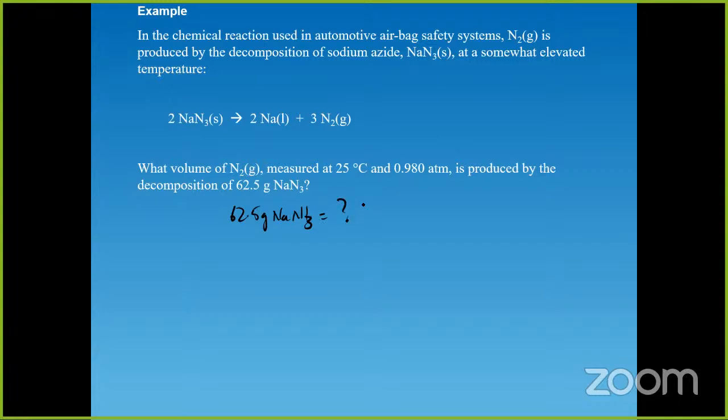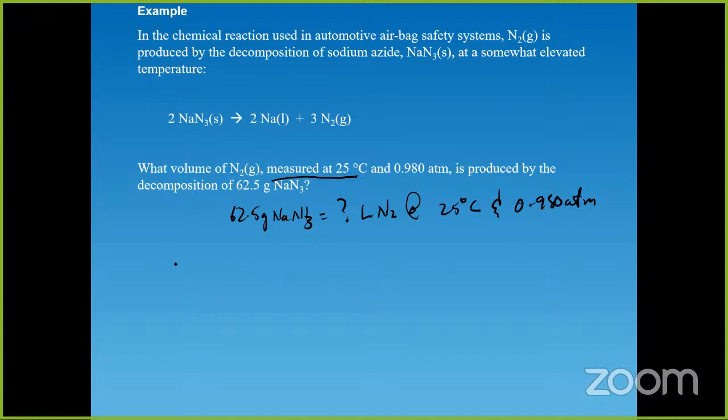I'm going to presume that the volume is expressed in liters, measured at 25 degrees Celsius and the pressure being 0.980 atmospheres, all right? So this is basically what the question comes down to.